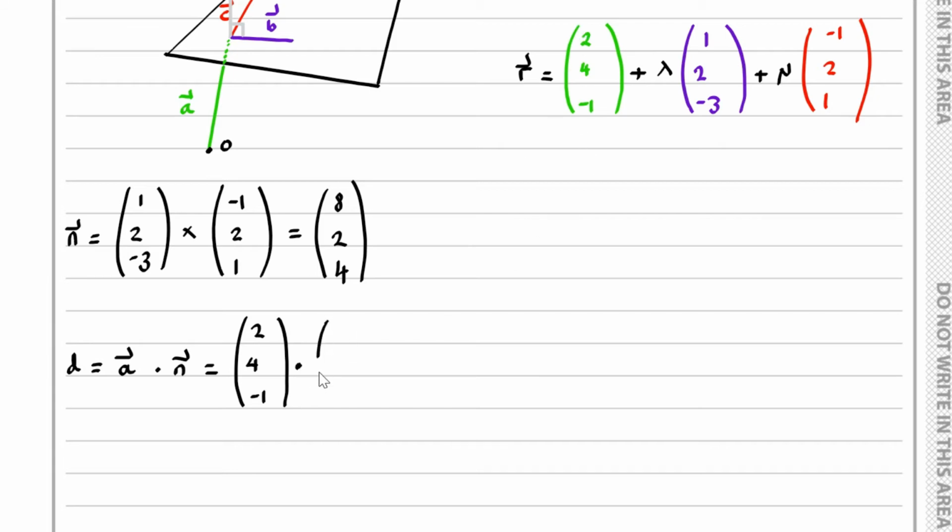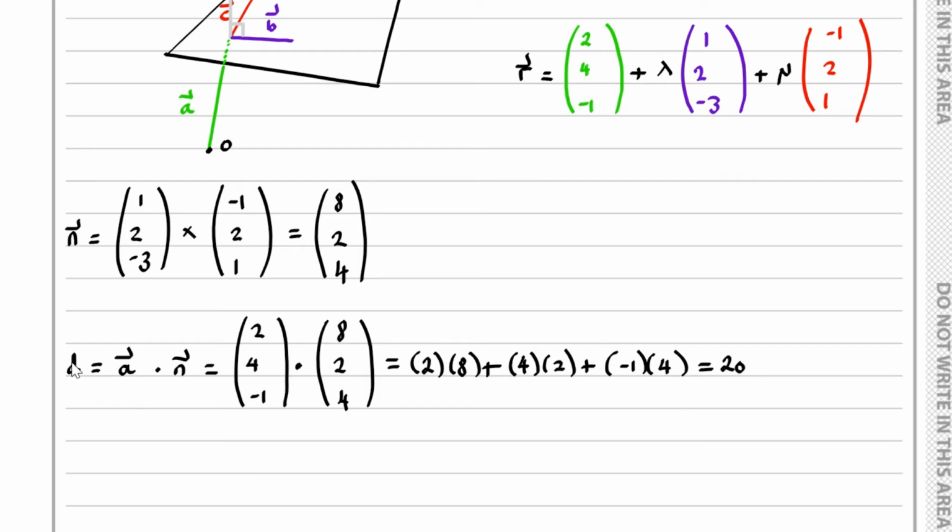Dot product with n, we've just found n to be 8, 2 and 4. So if we work out this dot product, we've got 2 times by 8 plus 4 lots of 2 plus minus 1 lots of 4. So if we work all this out, we have 16 plus 8 minus 4. You'd find that to be 20.